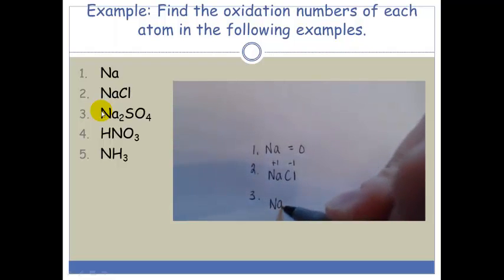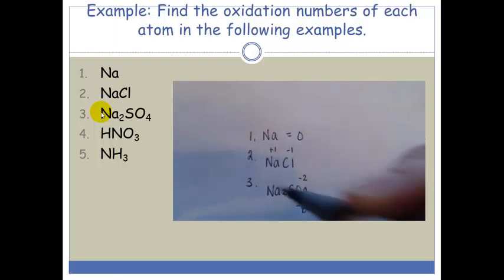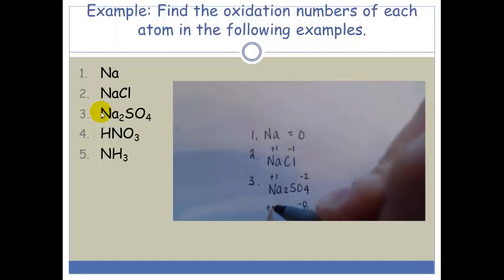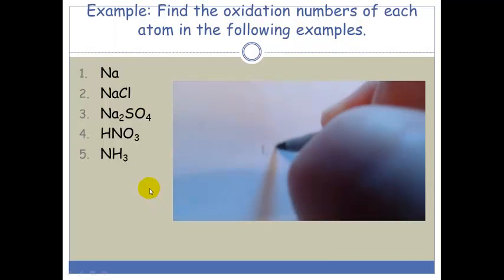Sodium sulfate. An easy rule to remember is oxygen is almost always -2, so that gives us -8 total. Sodium is usually +1, so that gives us +2 total.